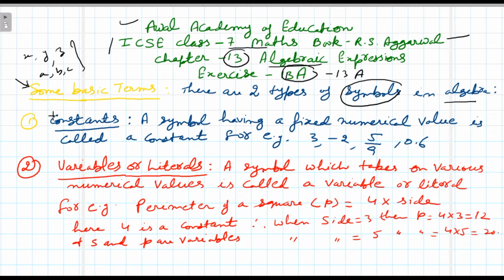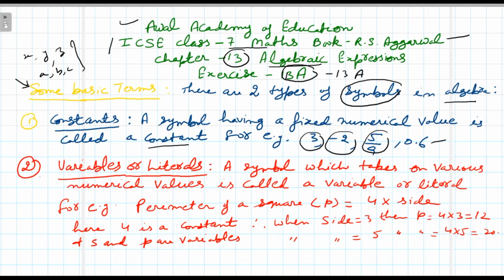So there are two types of symbols in algebra. First is constants. A symbol having a fixed numerical value is called a constant. These are all like 3, -2, 5/9. Any number having a fixed numerical value is called a constant in terms of algebra.